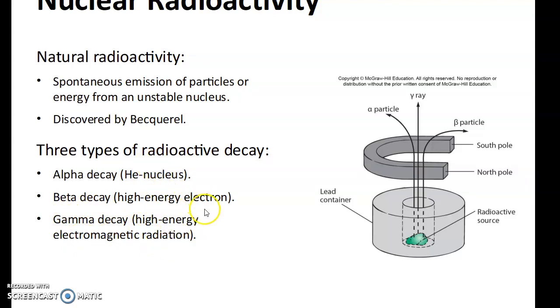So two with particles, one with just radiation. Okay? And you can separate them. The alpha particle will go one way, the beta particle will go another way. This is positively charged because essentially you've stripped that helium nucleus of electrons. This is a beta particle, negatively charged, and this of course has no charge.